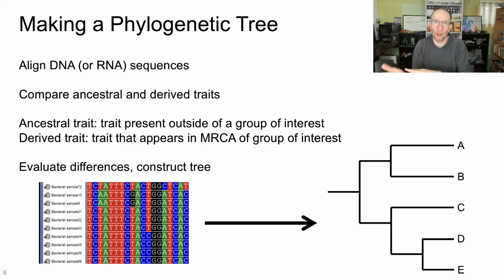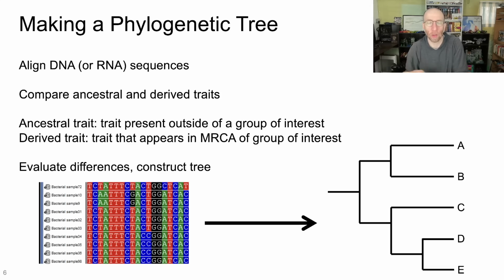So sticking with the mammals versus reptiles example, if you have another site where it's an A in the mammals, but it's a G in the reptiles, and you go, I wonder which one is ancestral, and you go to the amphibians and they have the same gene and it's a G there too. Now you can say, oh, the mammals with their A, that's the derived trait. That's the new mutation, and the other groups have the old trait, in this case, the old nucleotide base at that site, right?